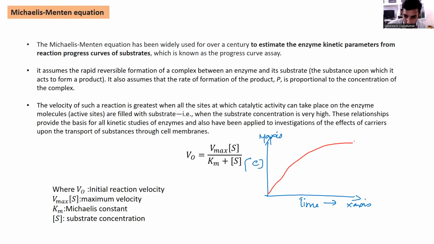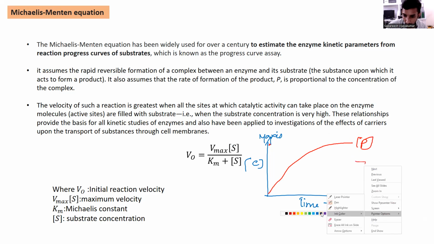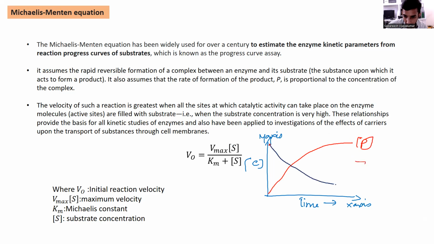So that will be a rising curve. This is the P, then the substrate concentration. That will be decreasing over time.